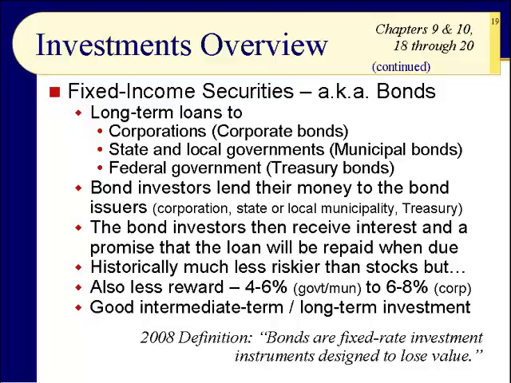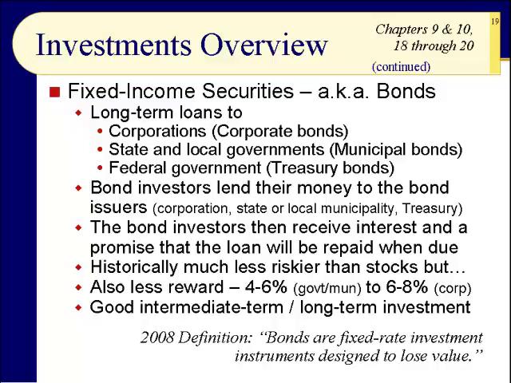You're lending your money to a corporation, to a state or local government, the city of Chula Vista, the state of California, Southwestern Community College. You can buy bonds that are paid by Southwestern Community College. And then the granddaddy of them all is the federal government, Treasury bonds.